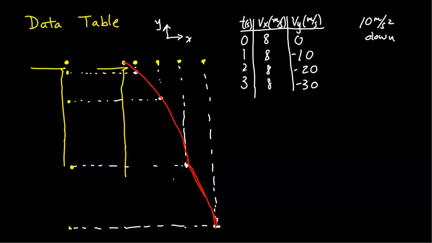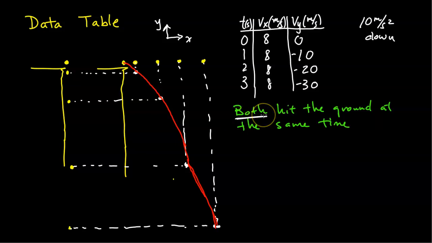So we can say that if we were to drop a ball and also throw a ball sideways, horizontally, at the same time, both of these would hit the ground at the same time. That's because the vertical motion is independent of the horizontal motion. As long as you do this from the same height, the two objects will hit the ground at the same time.